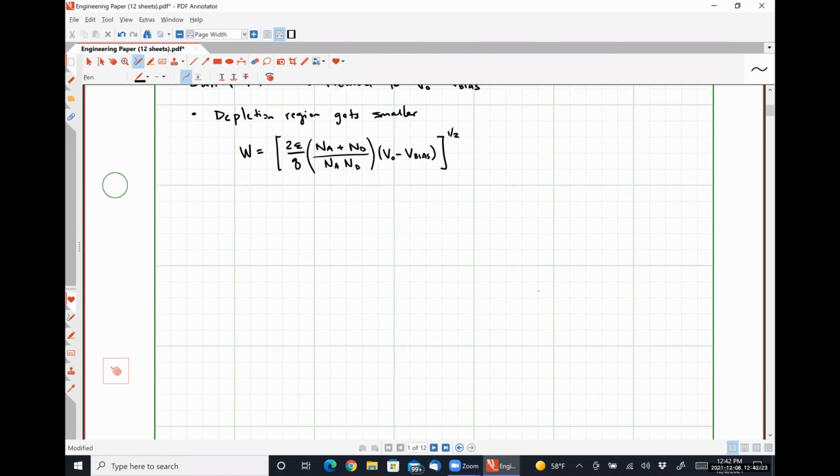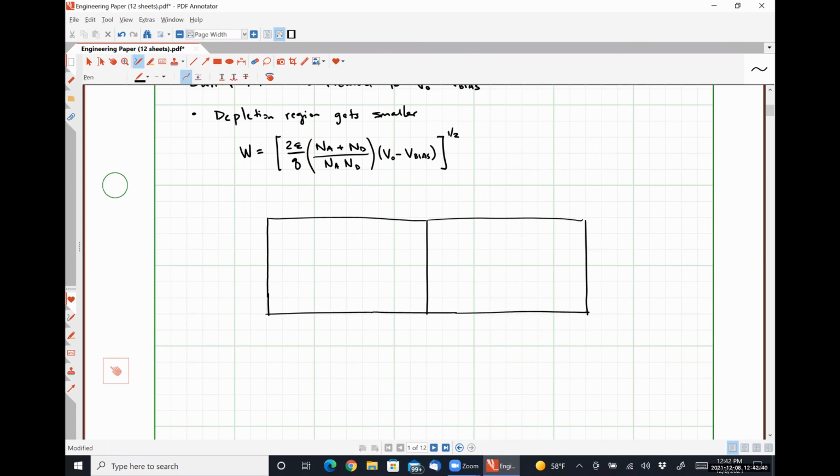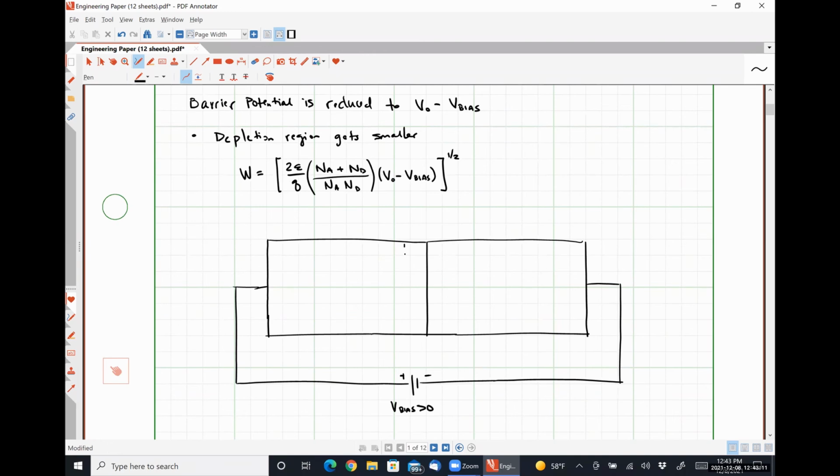So if we have our crystal, like so, where V bias is positive, what we should observe now is that the width of both of our portions of the depletion region are smaller.